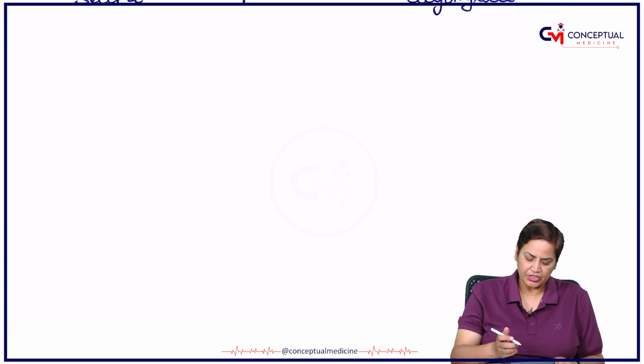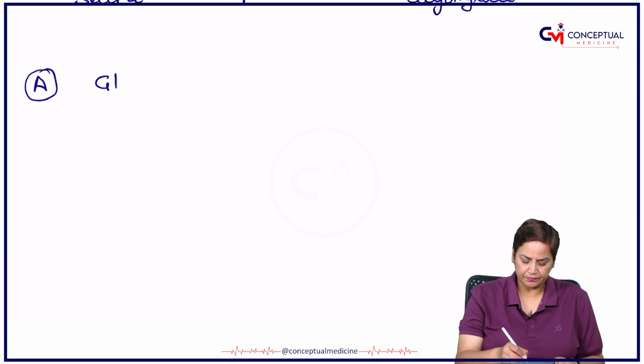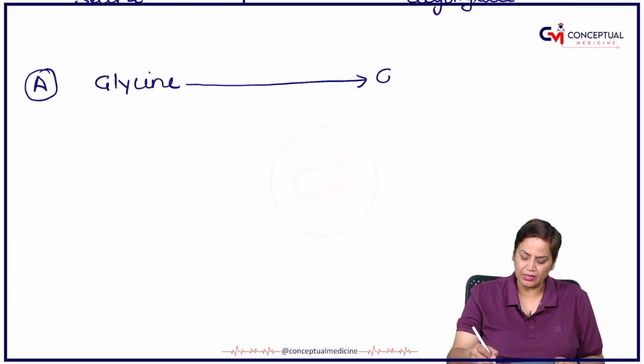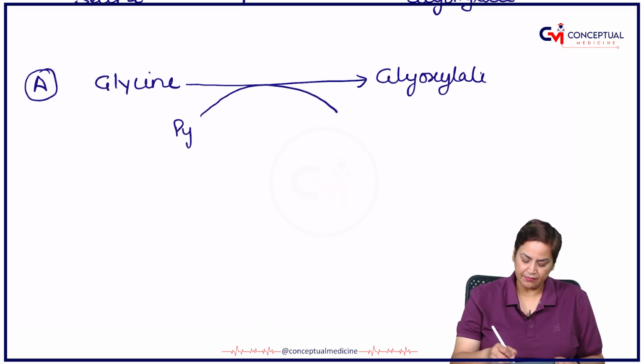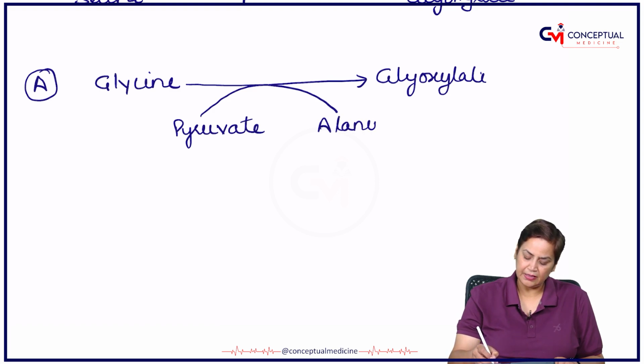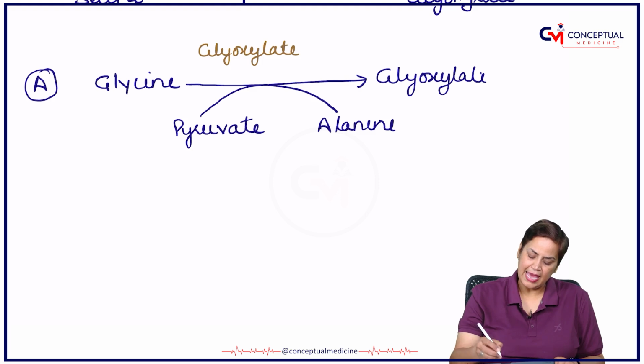Clear? Now the question is, this glycine, in the first reaction, can be converted into glyoxylate by the enzyme, and the name of the enzyme here is glyoxylate alanine aminotransferase.